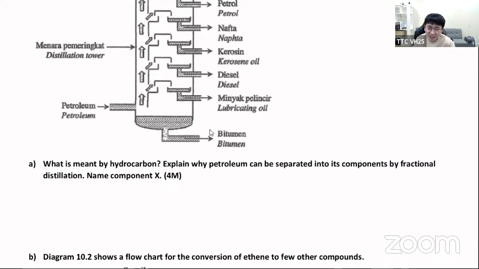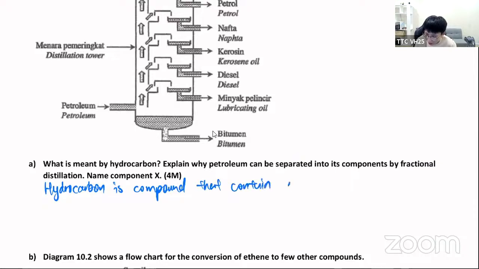What is meant by hydrocarbon? Hydrocarbon is a compound that contains carbon and hydrogen atoms only. Why can we separate them with fractional distillation?